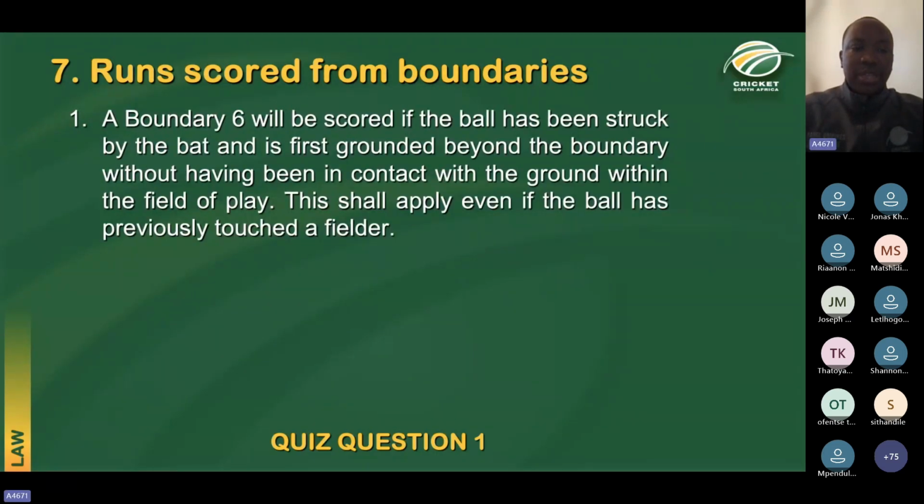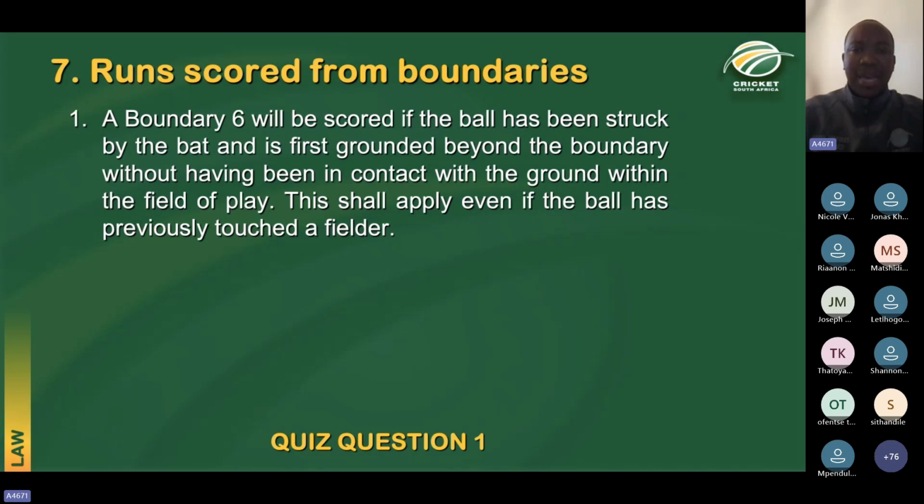We all know that there are 2 types of boundaries. Let us delve into their detail. A boundary 6 will be scored if the ball has been struck by the bat. Very important point. And is first grounded beyond the boundary without having been in contact with the ground within the field of play.